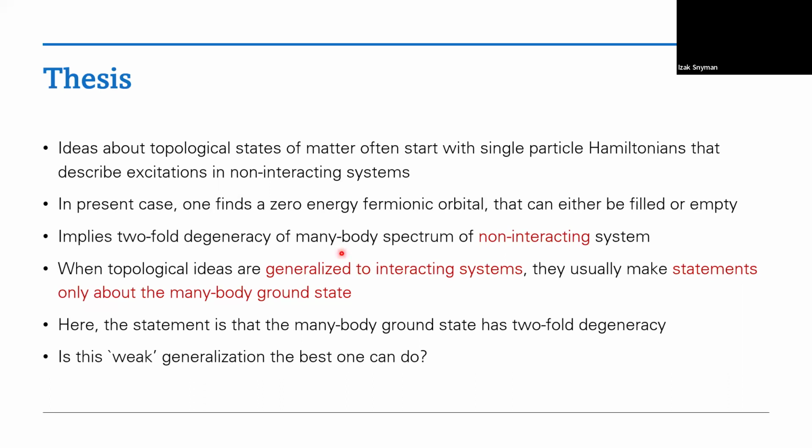But that is a much weaker property, right? Because it only tells you that the ground state of the interacting system is degenerate. It no longer says anything about any of the other states of the interacting system. So the question is whether this weak generalization is the best we can do.